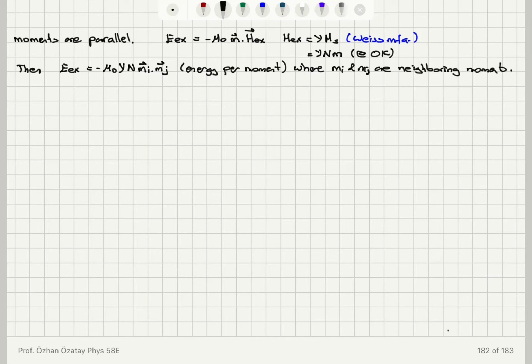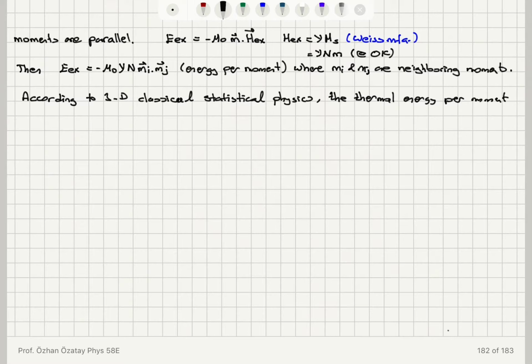Okay. So according to three-dimensional classical statistical physics, the thermal energy per moment is going to be equal to the average value of 1/2 k x squared plus k y squared plus k z squared plus 1/2 v x squared plus v y squared plus v z squared.